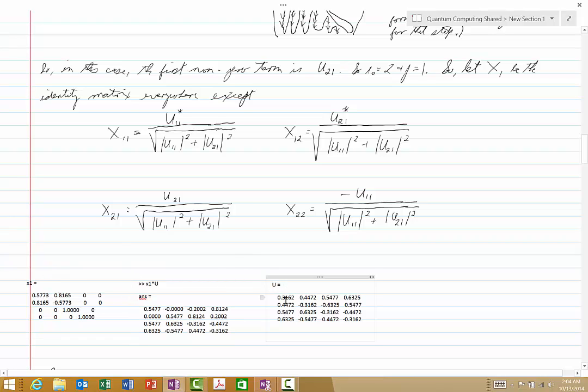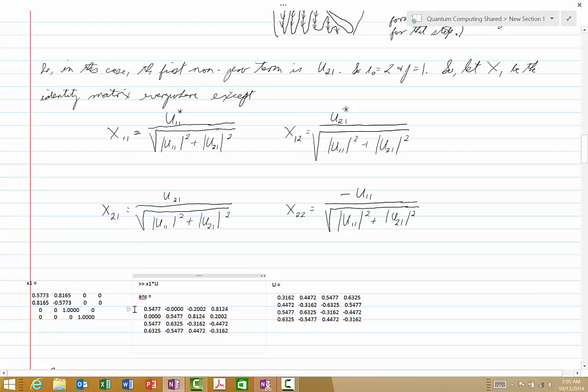Well, we look at U, and if we take this number, 0.3162, and divide it by the square root of the sum of the squared magnitudes of these two numbers, that will be this number, x11. And this number is 0.4472 divided by the square root of the sum of these two magnitudes. So that's how we get this.